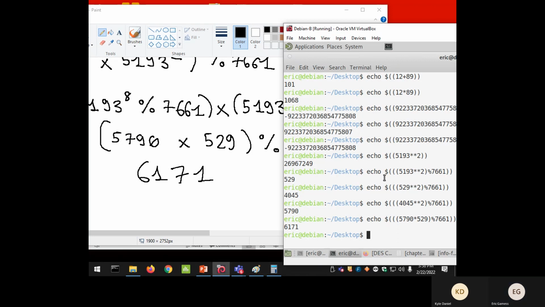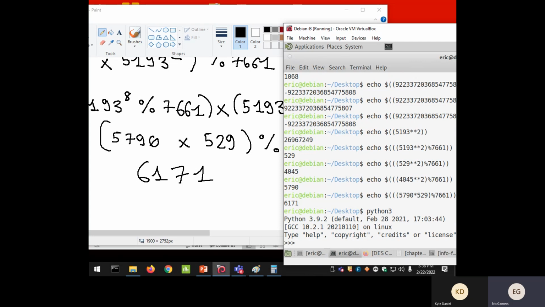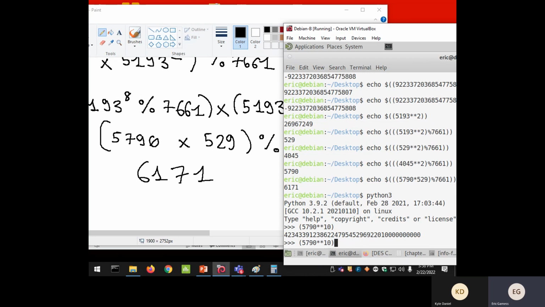So let me call Python 3, and we are going to ask it to compute 5,790 to the power of 10 to see how big is the integer. It's not big, but it's more than 64 bits. Modulus 7,661.